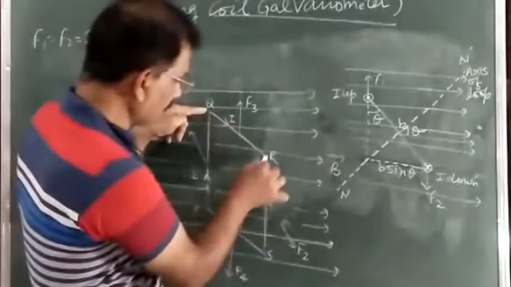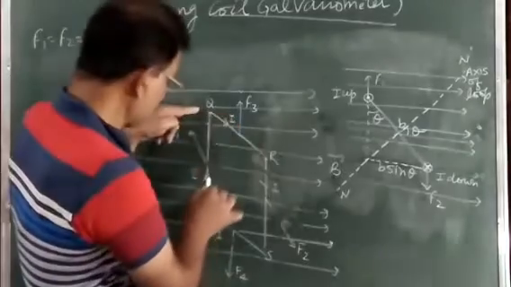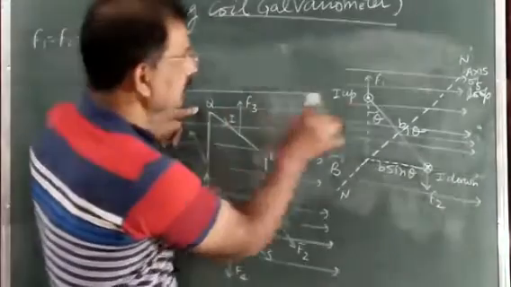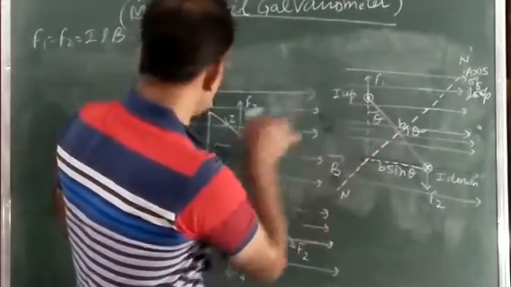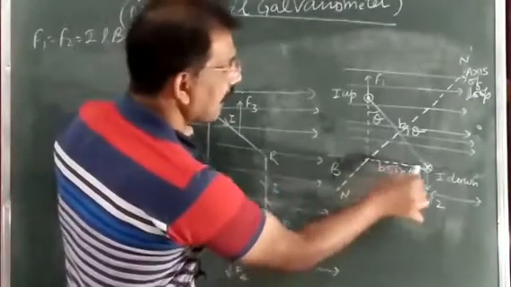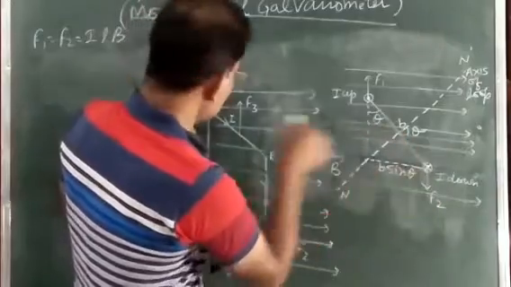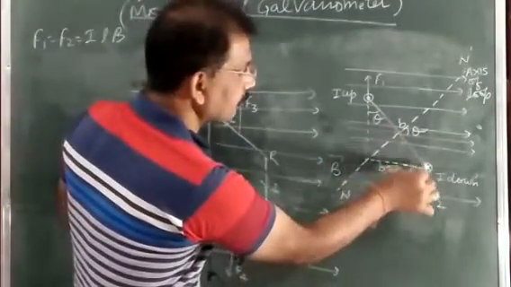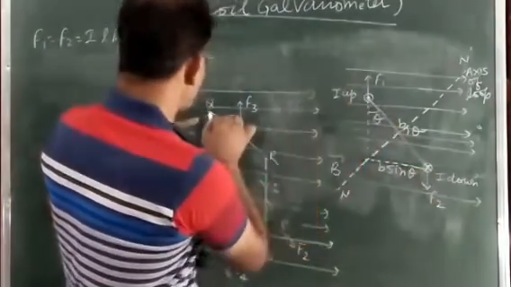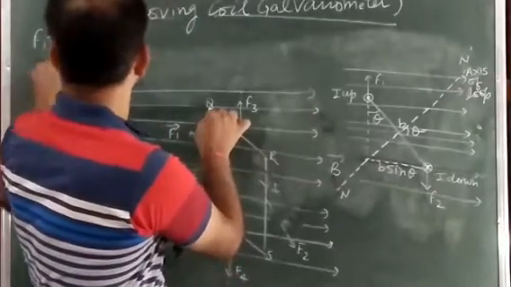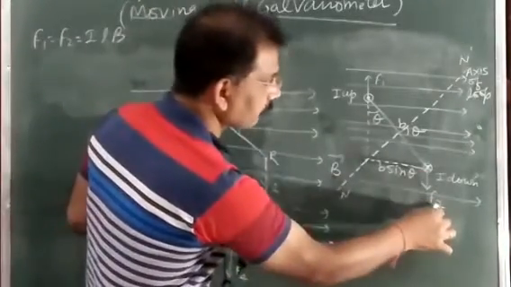At each point here, at this point current is going upward, so I is upward at this point. Here I is downward at this point. And what is the length of this QR here? B. The force on the PQ wire is ILB and F2 is also ILB.